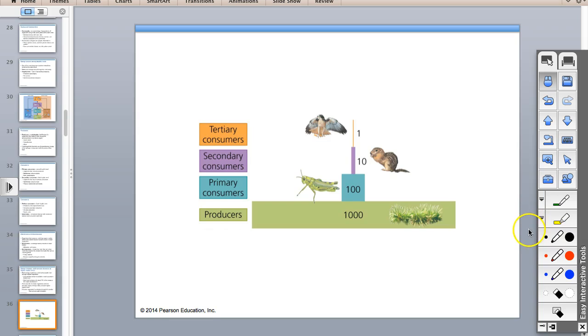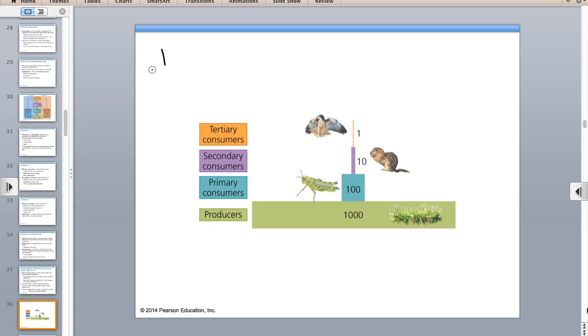So if we look, this shows me 3 things. And notice there are no units. So this could be a pyramid of numbers. When I say that, this could be respective numbers of organisms. So I could have 1,000 plants, 100 grasshoppers, 10 squirrels, and 1 hawk.